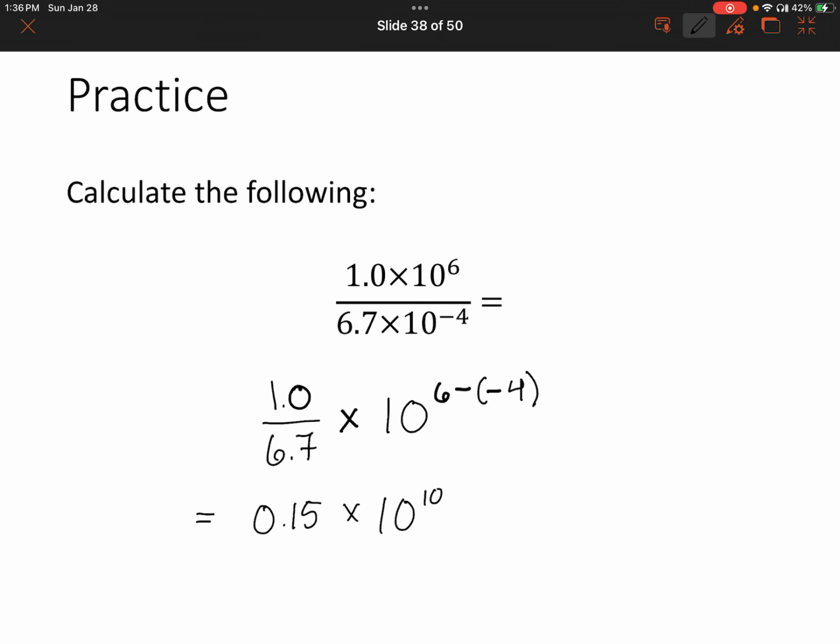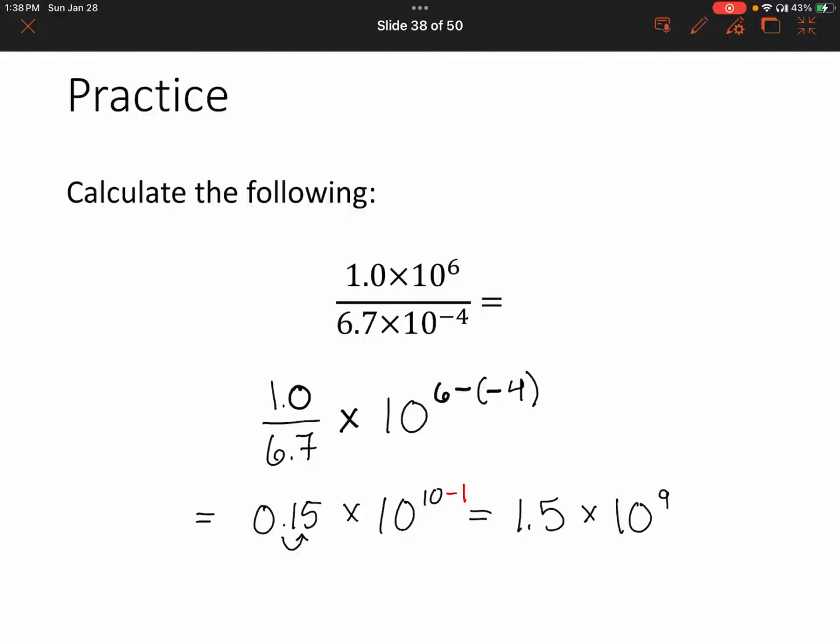So our exponent is 10. Now, in this case, we do need to make an adjustment. We need to move our decimal over so that our coefficient is in the appropriate range. So our coefficient should be 1.5. But remember, when we do that, we need to subtract from our exponent. So we only moved the decimal one place, so we'll just subtract 1, and we get 10 to the 9th.